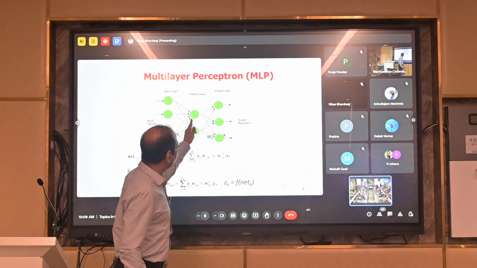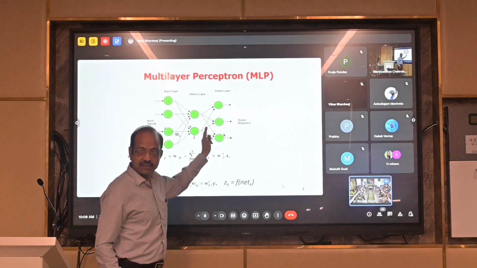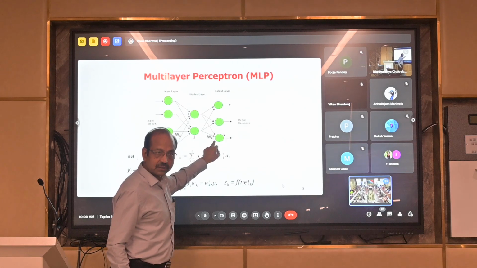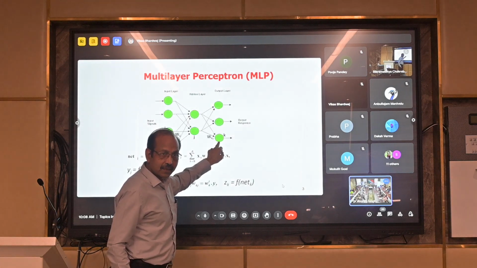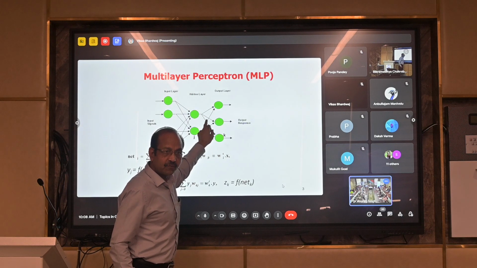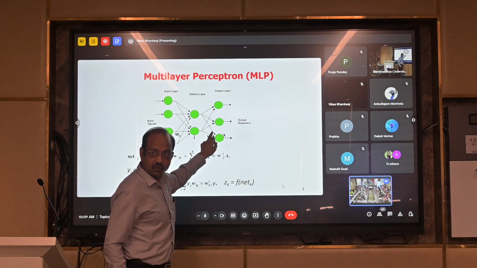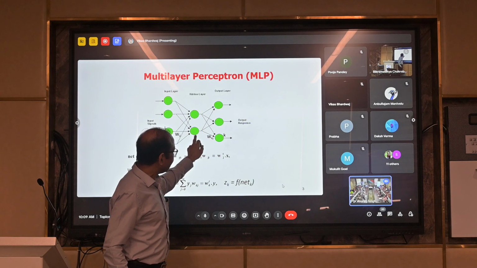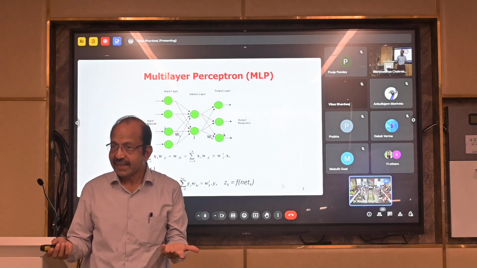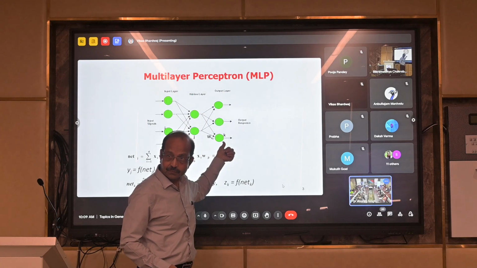Now you have outputs at these middle layer neurons: y1, y2, y3, yj. All these go as input to each node of the output layer. How do you compute the input to this neuron? y1 into wk1 plus y2 into wk2 plus up to yk into wkk, plus some bias.